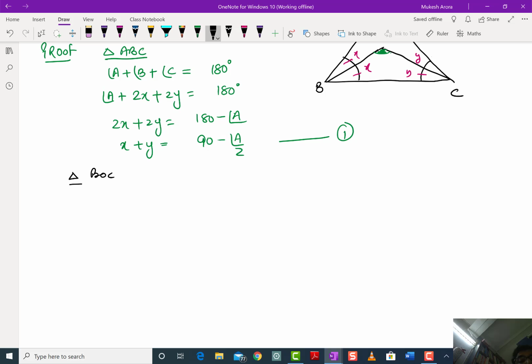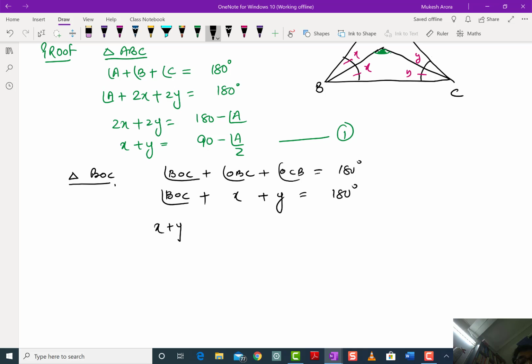In triangle BOC, angle BOC plus angle OBC plus angle OCB is equal to 180. BOC we have to find. This is angle x and this is angle y, so x plus y is equal to 180 minus BOC. This is 2.